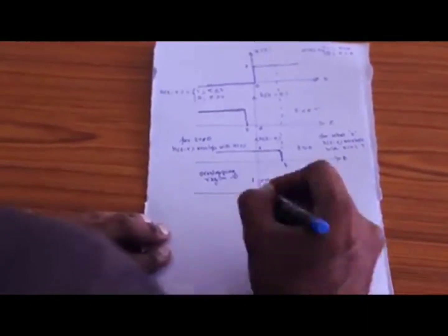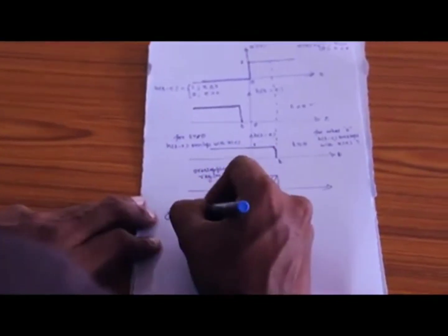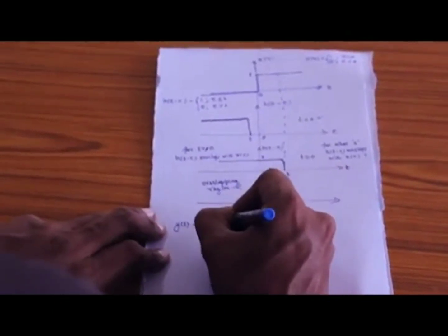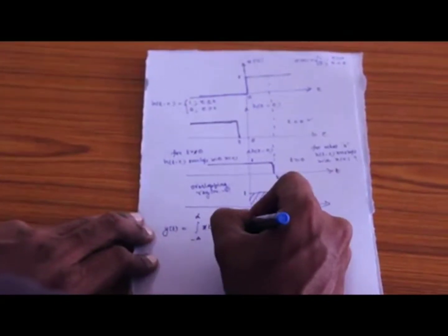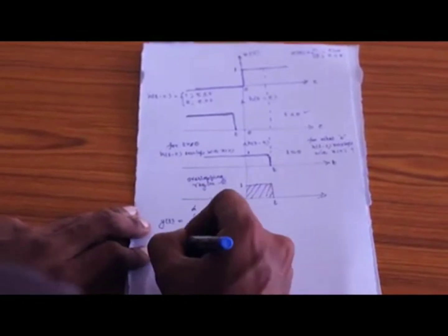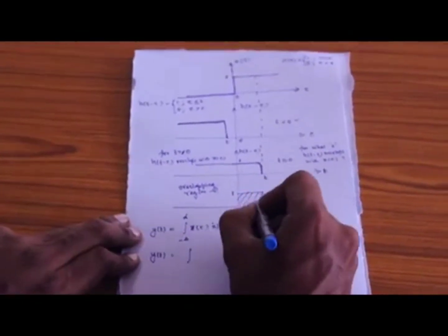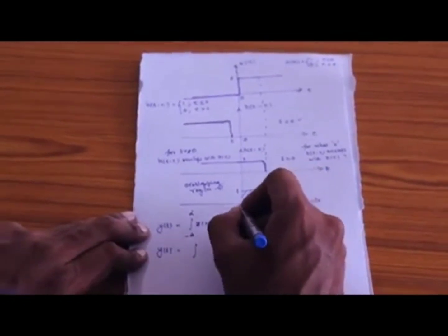Now let us proceed as per the convolution integral formula. y of t is equal to, in general, the integral from minus infinity to plus infinity of x of tau h of t minus tau d tau. Now in our case, y of t is equal to the integral over the overlapping region, 0 to t.